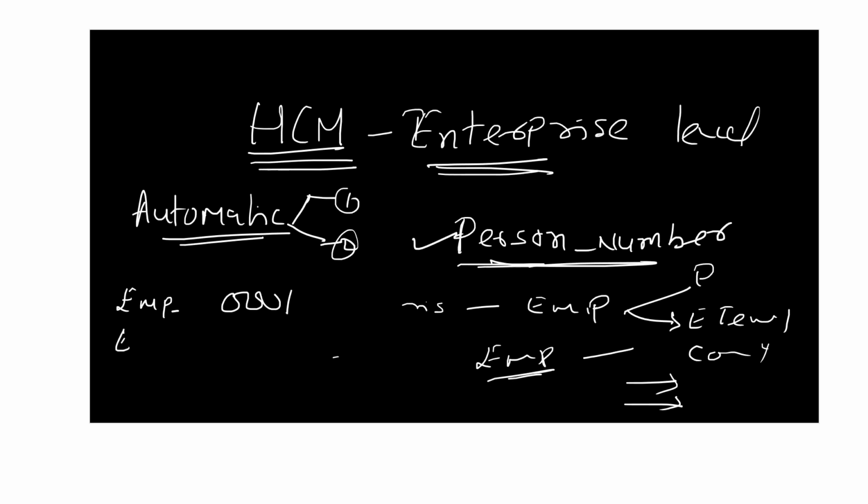Then I hire employee 2 and the person number is 002. Then after a few days, if I hire employee 3, the person number generated is 005. So what happened? 3 and 4 got skipped.